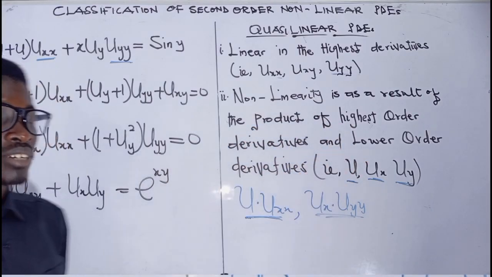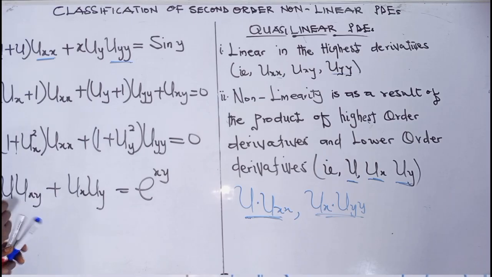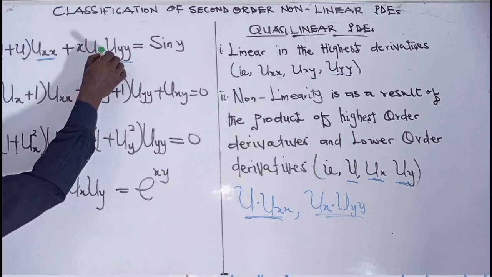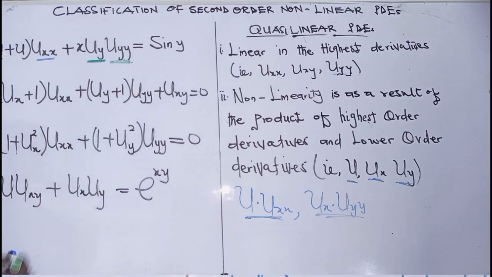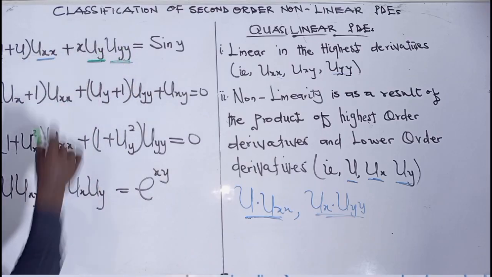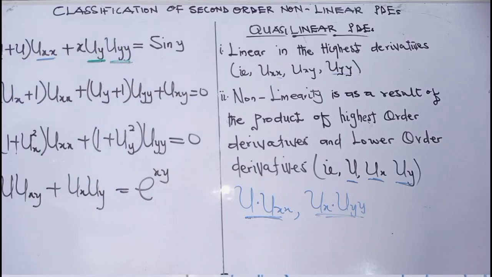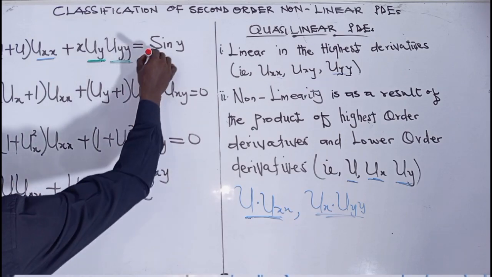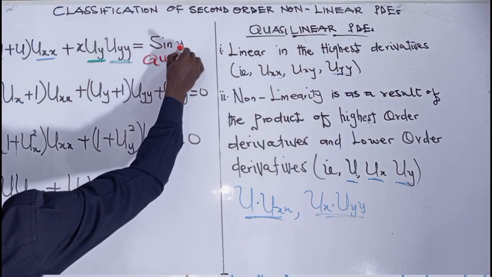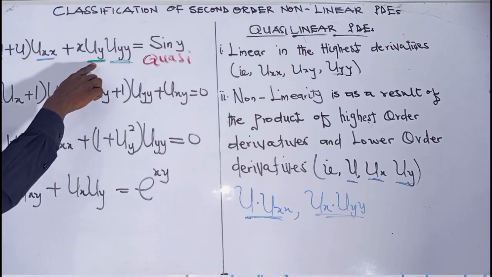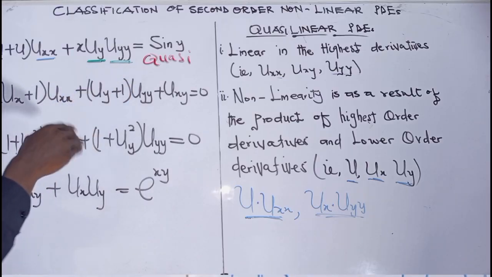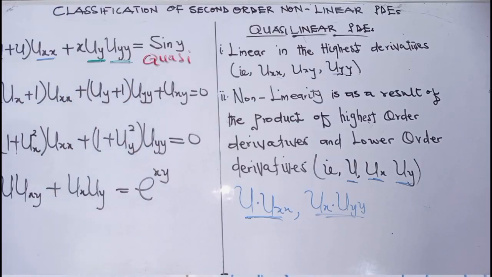You can see that we have a lower order U_y multiplying the highest derivative. If this happens, then that PDE becomes what? A quasi-linear PDE, because we have a lower order derivative multiplying the highest derivative within that equation.